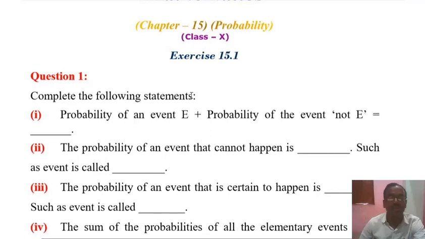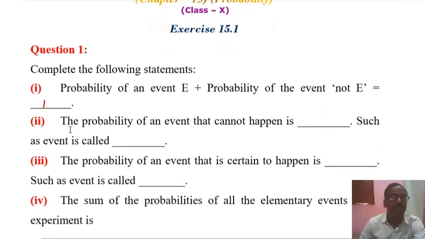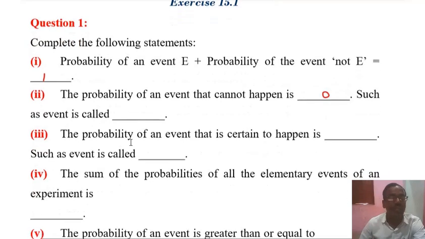Complete the following statements. Probability of an event E plus probability of the event not E equal to 1. So here the answer will be 1. The probability of an event that cannot happen is 0. Such event is called impossible event.